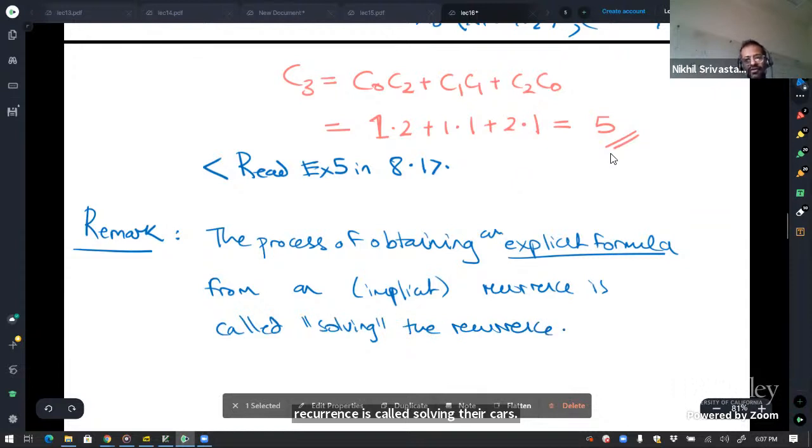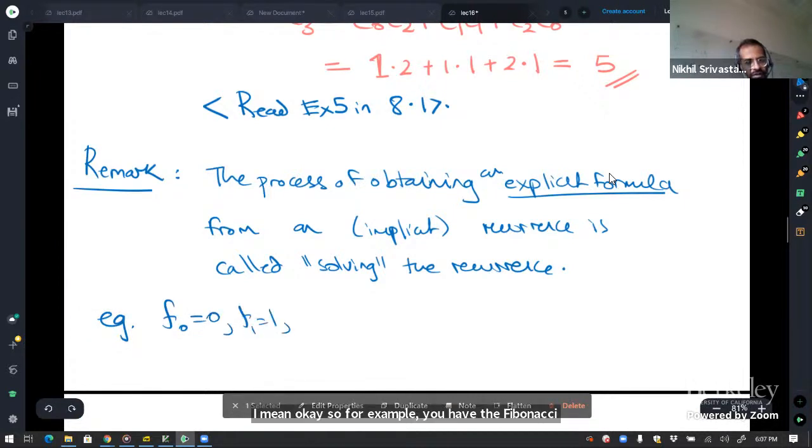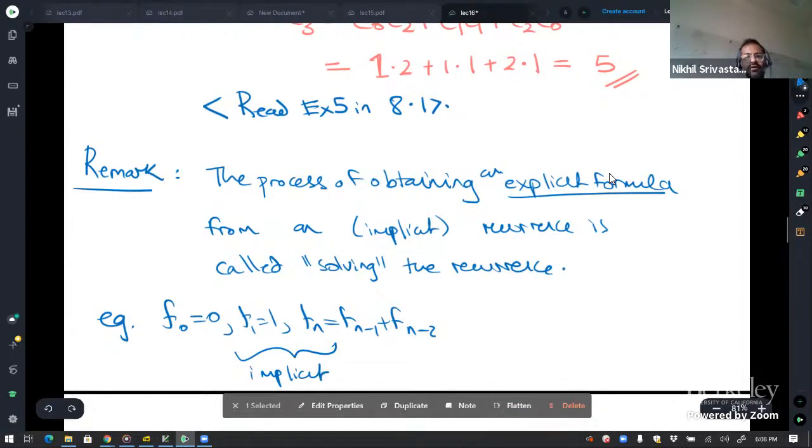Okay, so in general, in totally general, there's no algorithm for doing this. It could be complicated. But for example, you have the Fibonacci numbers, right? F0 equals 0, F1 equals 1, Fn equals Fn minus 1 plus Fn minus 2. This is an implicit description of the Fibonacci numbers. Now, it turns out you can actually solve this.